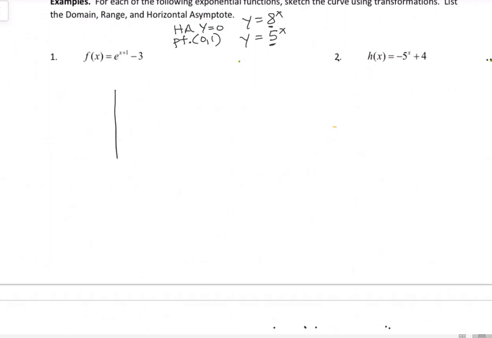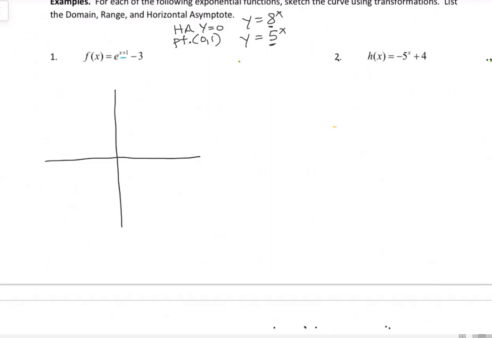So in this example, I want to sketch the curve e to the x plus 1 minus 3. So the first thing is I want to identify what the transformations are. And I've got something being added to my x there in the exponent. So remember that anything being added or subtracted to my x is a shift left or right. And remember, these are kind of anti-intuitive when you're looking at the ones on the x.